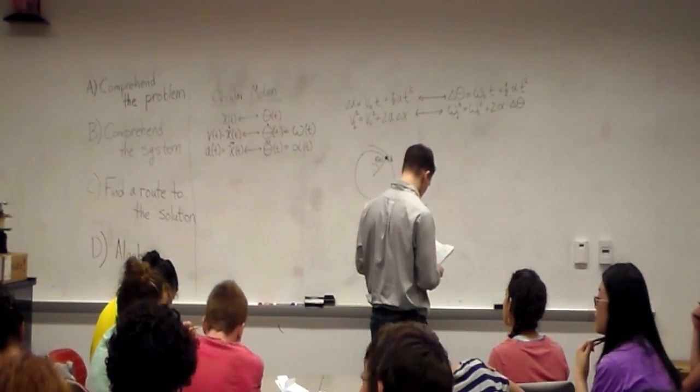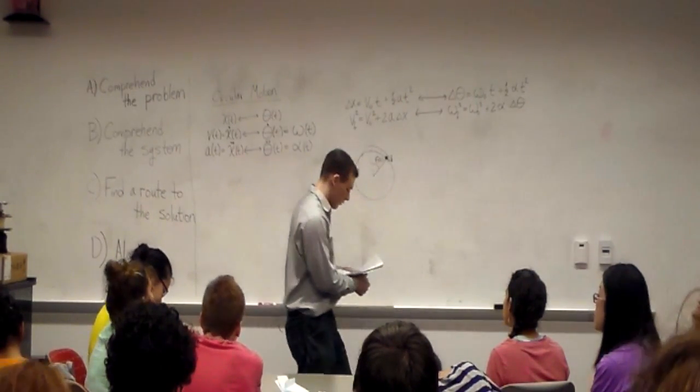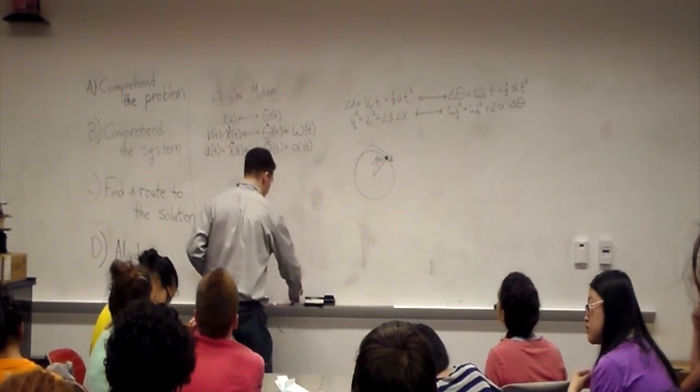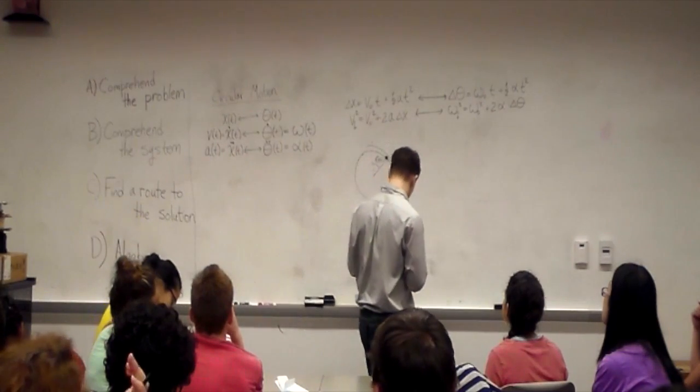Okay. All right. So let's do an example here. An example using this would be, for instance, if I had a merry-go-round, or some kind of rotating disc, but we'll say a merry-go-round.